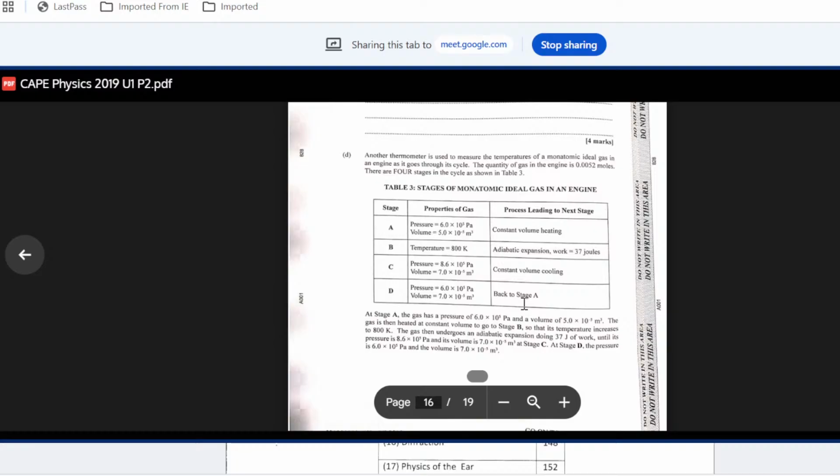The first law of thermodynamics, yeah, we kind of looked at it, but not a full question based on it.